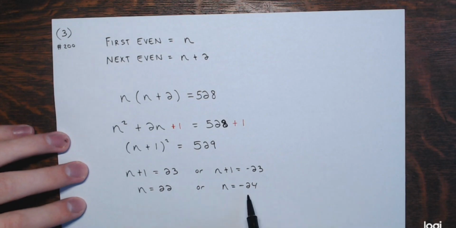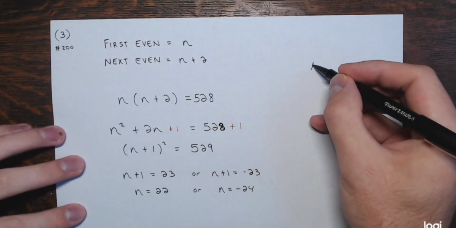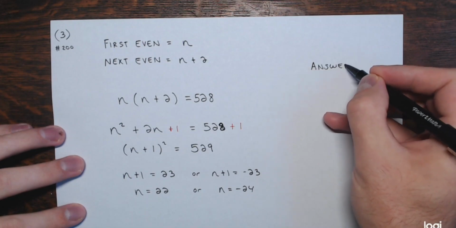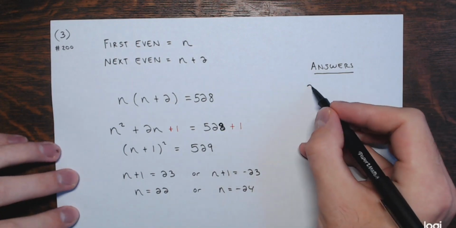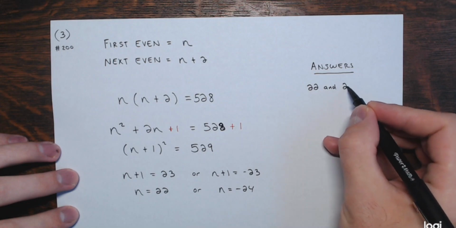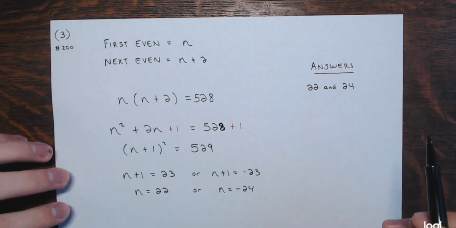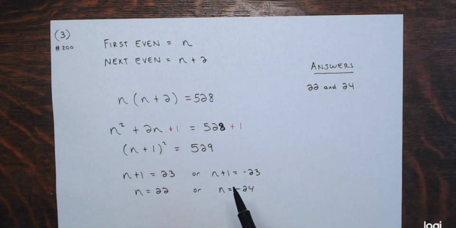And again, I get 2 possible answers. Both work. Both are equally valid here. One answer is, when n is 22, the next consecutive even number would be 24. And then 22 times 24 is 528.